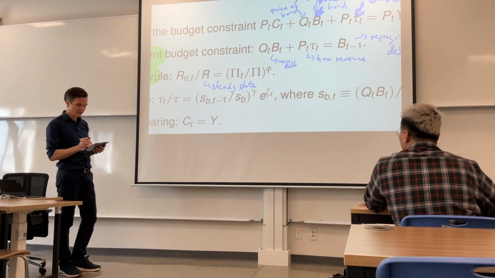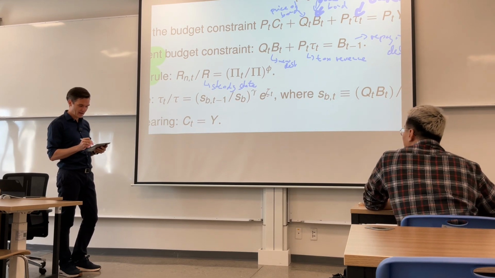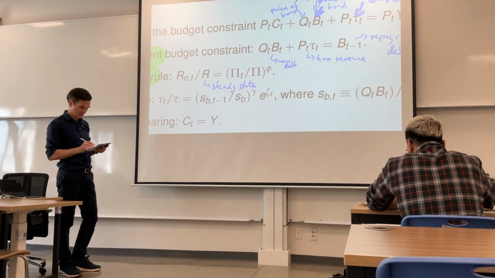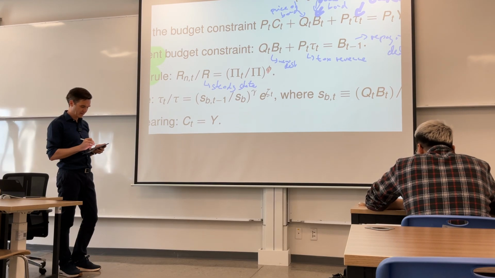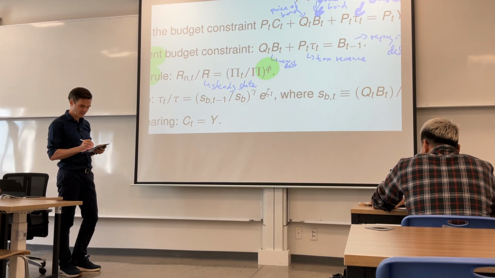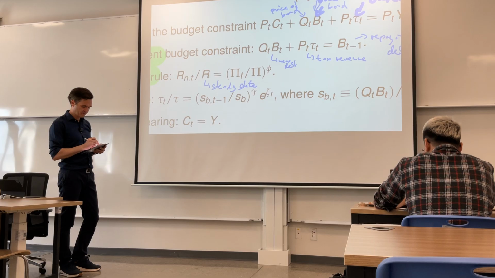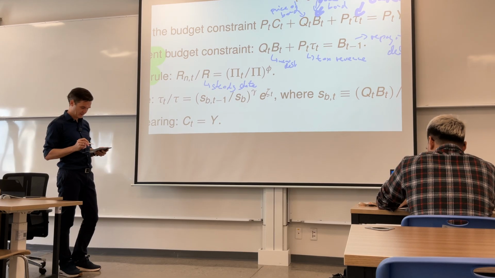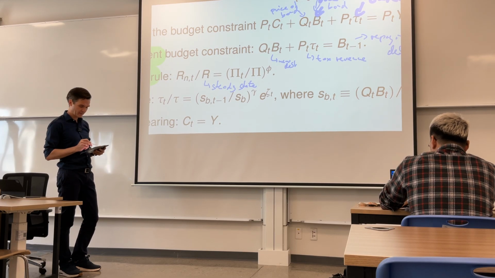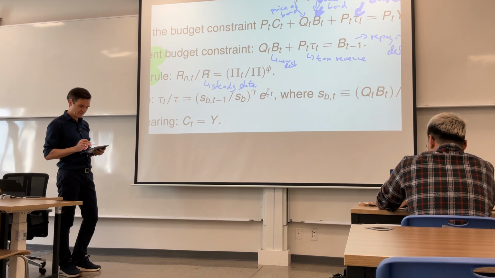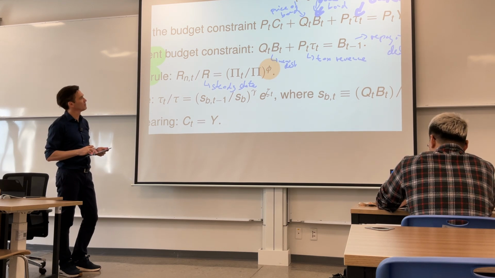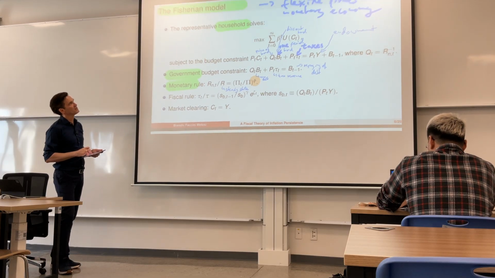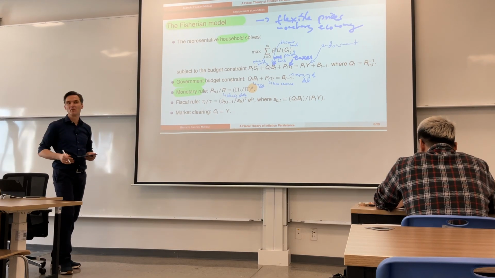And there's one key parameter that I want to highlight right away, which is this phi. So there's this one important parameter, phi, that is going to be one of the key parameters of the model.